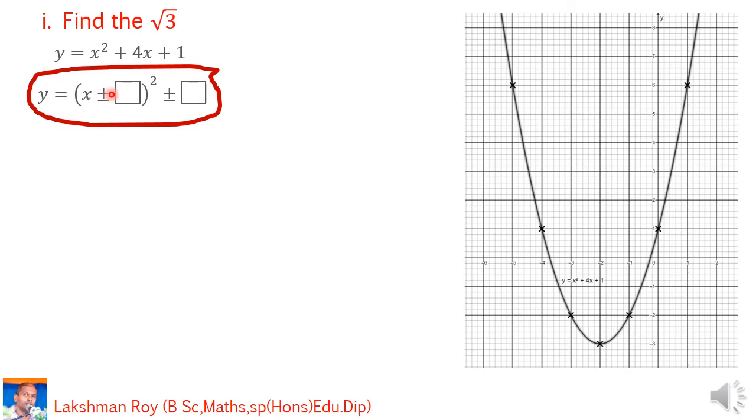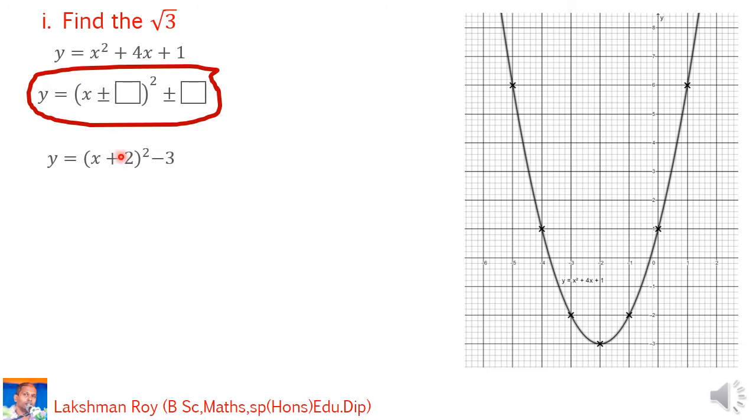So let's see how to convert this type of quadratic function into this form. We'll discuss this part in the quadratic equation lesson. Right now I'll explain how to form this.